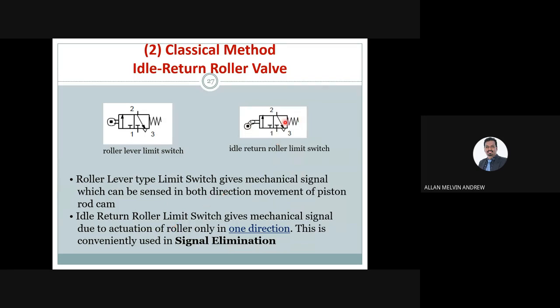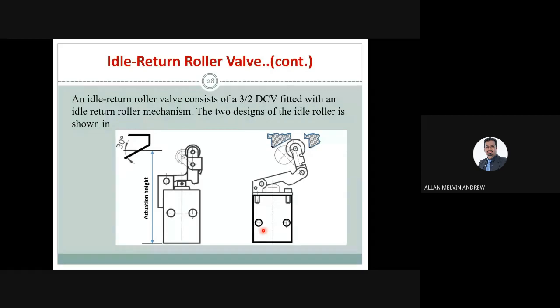Tapi yang ni, it only detects in one direction. So meaning if we receive signal from the opposite direction, dia tak akan ambil lah. So it will not take. So it only will take in the direction you set. The other direction it won't take. So it can help with signal elimination. So kalau ada false signal, dia akan cancel. Automatically will cancel.